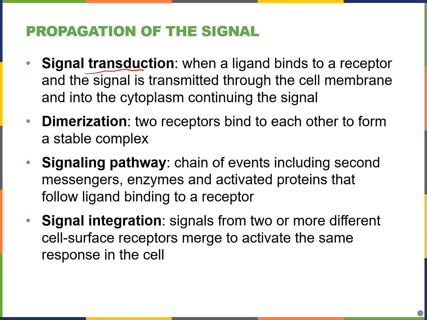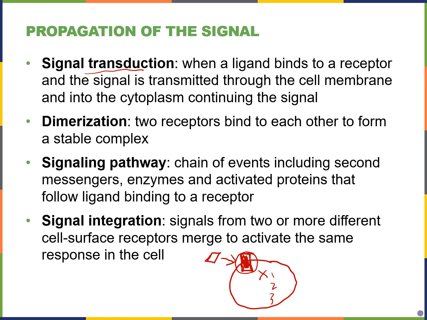It makes sense here because if my signaling molecule cannot get into the cell directly and has to transmit a signal by binding to a surface membrane receptor, this is called signal transduction because it's transmitting a signal indirectly. It's telling this receptor to do other things, step 1, step 2, step 3, inside the cell.